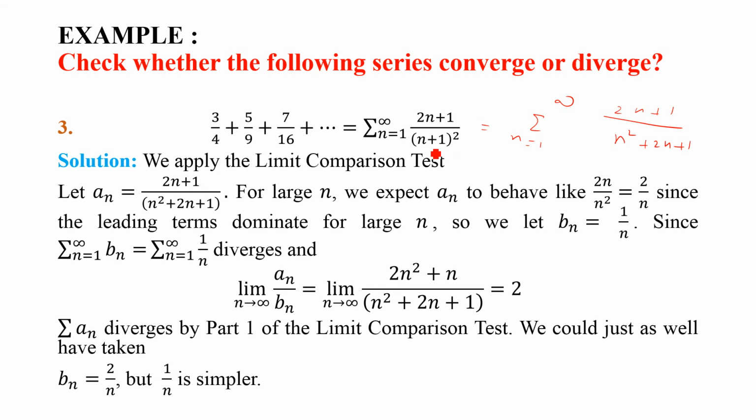We just expanded this square. For large n, we expect that an behaves like 2n over n squared, which is equal to 2 over n, right?